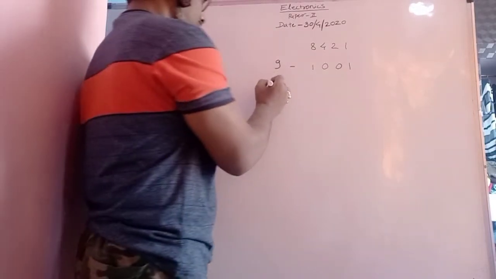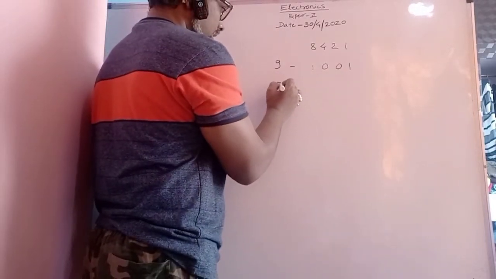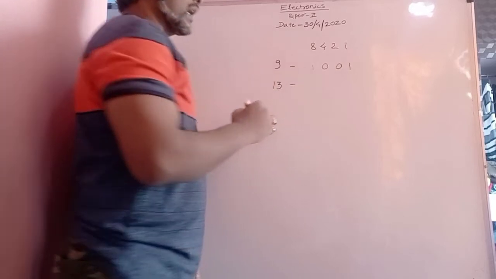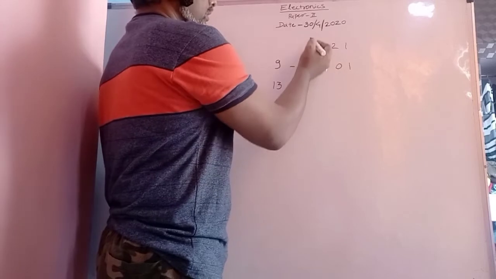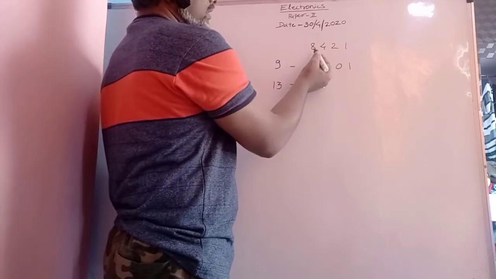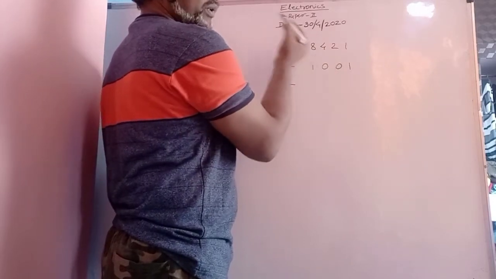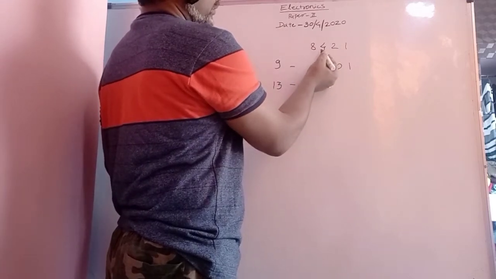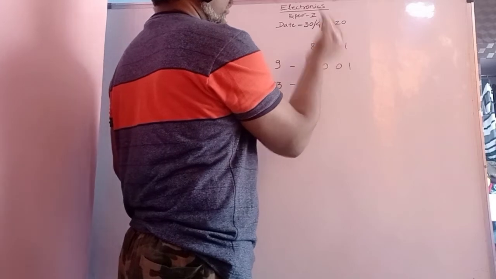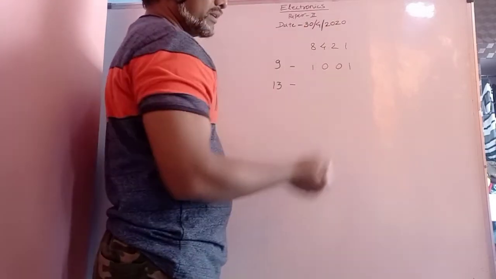Suppose for 13, the equivalent is calculated like this. 13 is 8 plus 4 is 12, 8 plus 1 is 9, 10, 11, 12, and plus 1, that is 13.